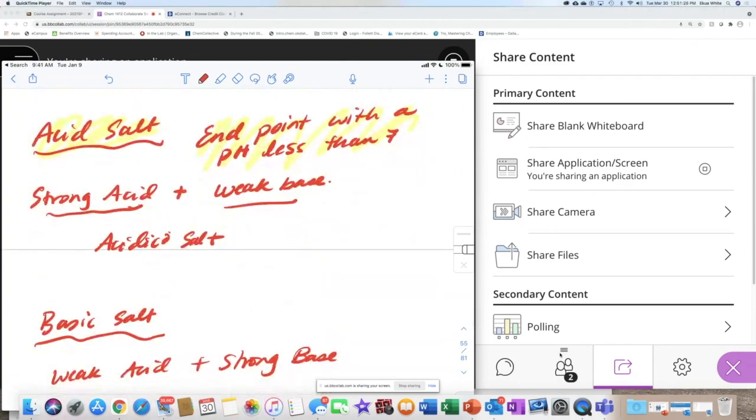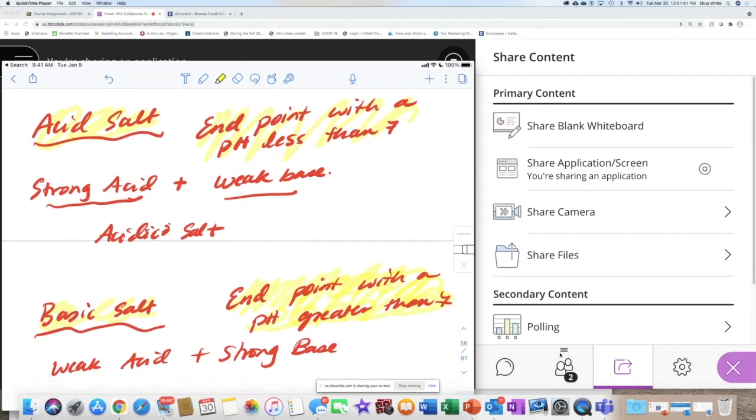Over here, for basic salt, we see an endpoint with a pH greater than 7, because we're trying to get a basic salt. Basic is bigger than 7, right? Oh, I should write it this way. Okay? So you can judge the parents that were used in the titration by knowing the offspring.